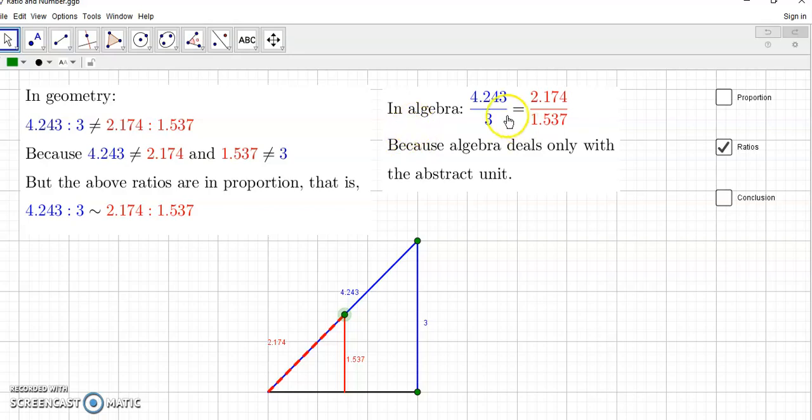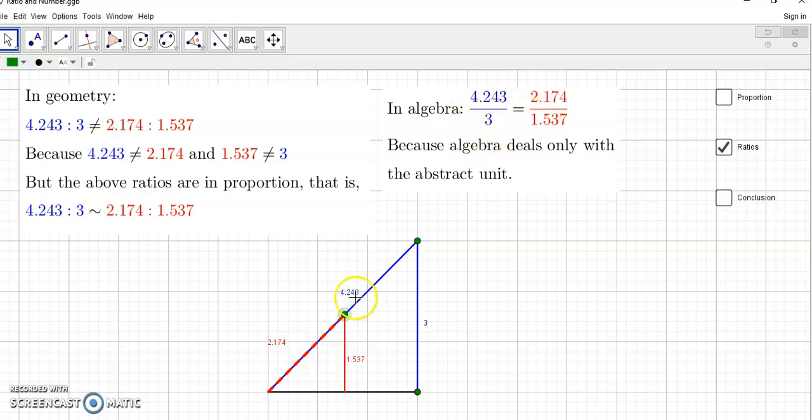Now, in algebra, a totally different story happens, because in algebra, we look at ratios of numbers. So we give, for example, this length here a name in terms of some unit, and also this 3 a name in terms of the same unit. And then we refer to them in the way that we do on this side here as one number over another.